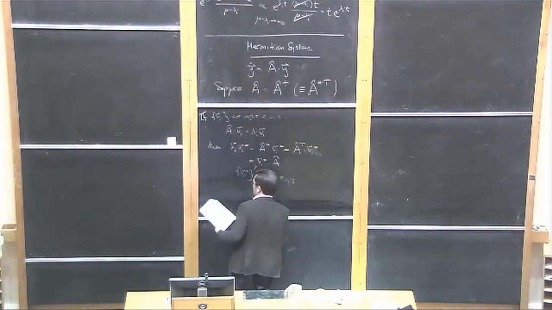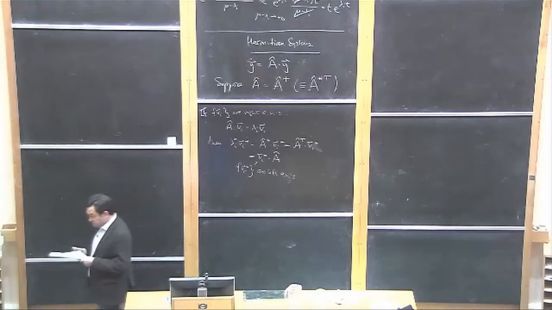So for a Hermitian matrix, once you've determined the right eigenvectors, you get the left eigenvectors for free.